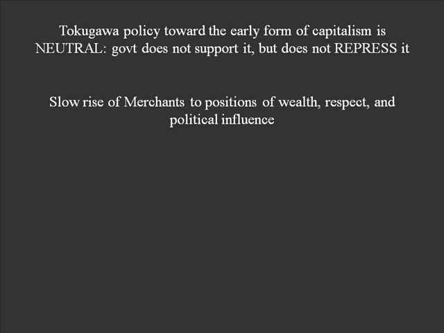But at the same time, there's also a merchant class in Japan that is rising to wealth through this trade network that is growing. So much like in Europe at the same point, you're also getting the merchants rising to wealth, and with wealth they start getting access to political power, the way most wealthy groups do throughout human society.